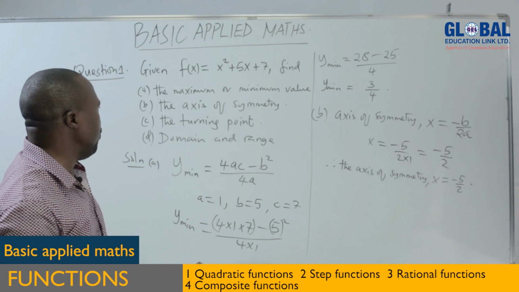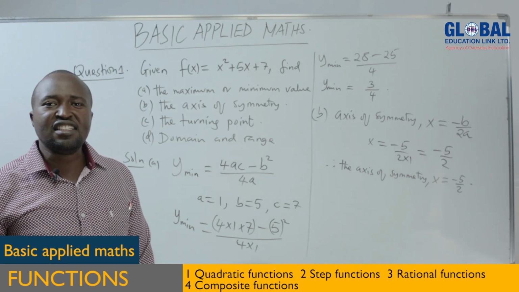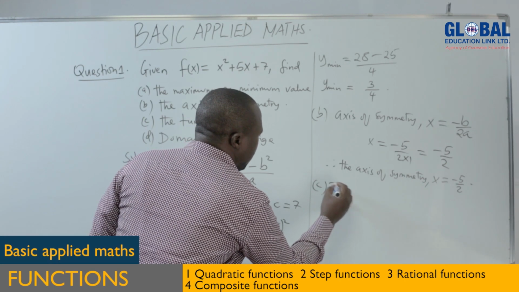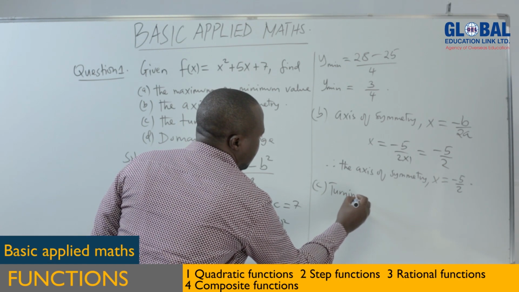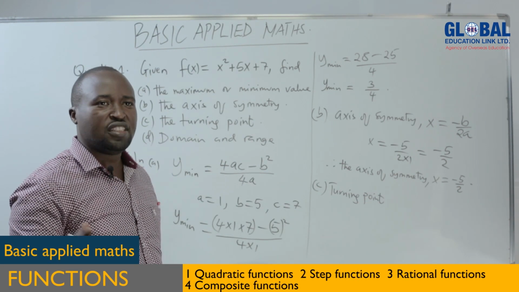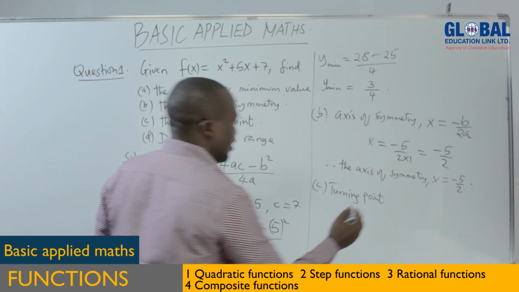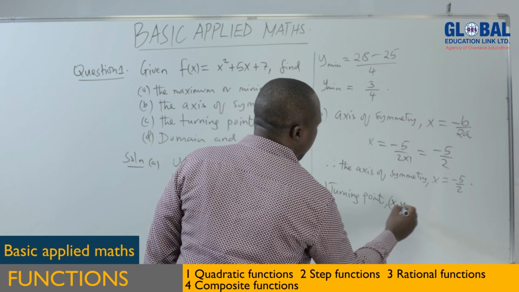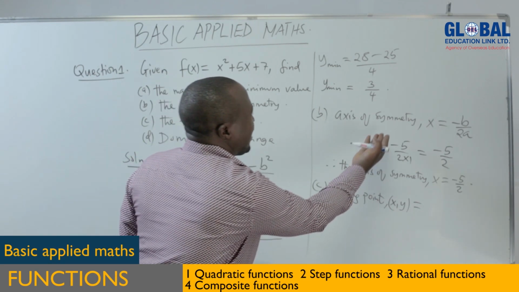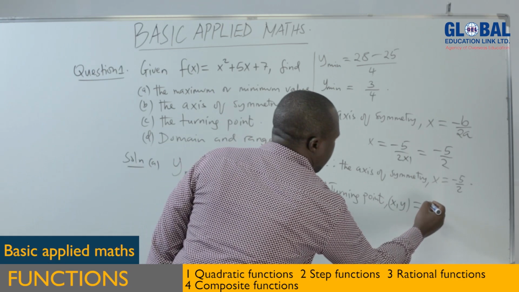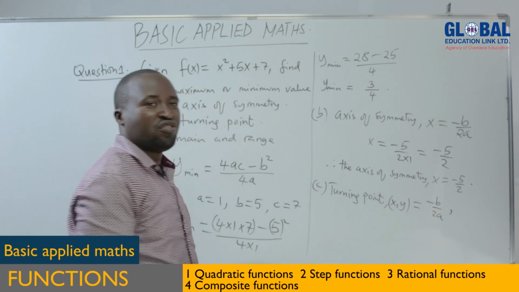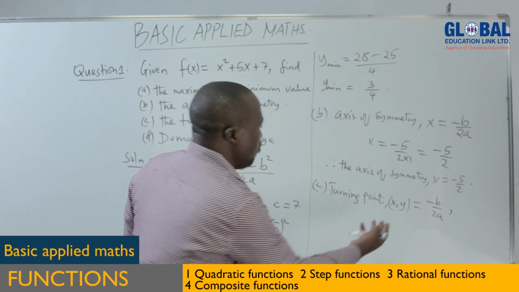Now, my dear student, we proceed with C. That is the turning point. So C, we need to find the turning point. But remember, the turning point is given as a coordinate. So that is x c, y, which is equal to, for x c, we recall the formula for axis of symmetry, which is negative b over 2a, comma, because it is a coordinate, followed by y.